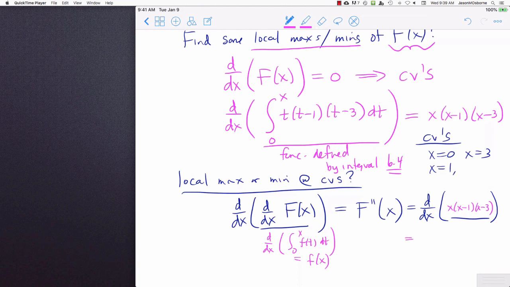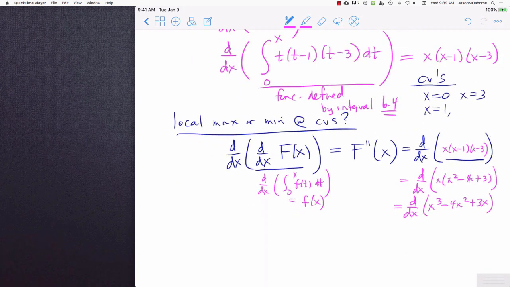And we now need to take the derivative of that function, the derivative of x cubed minus 4x squared plus 3x. Here is F double prime of x: it is the derivative of this function, which is 3x squared minus 8x plus 3.